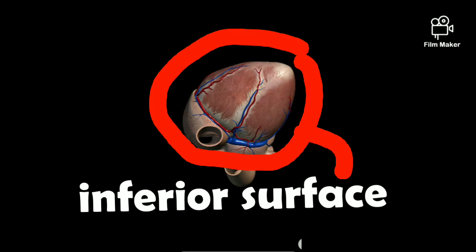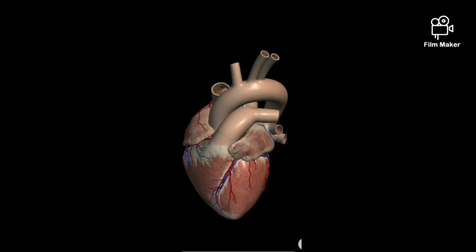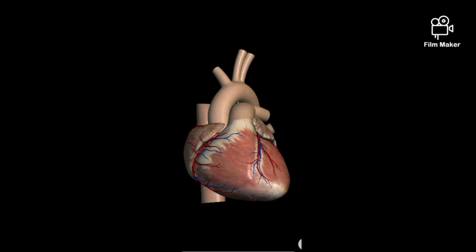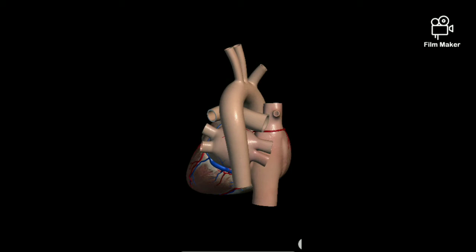Okay, so the anterior surface is also known as the sternocostal surface. In this surface, mostly the right ventricle is seen. And the posterior surface is known as the base.